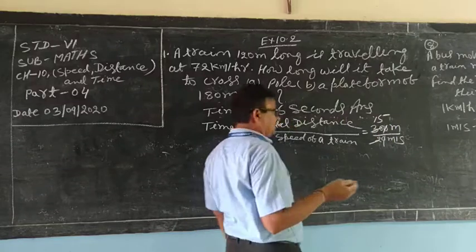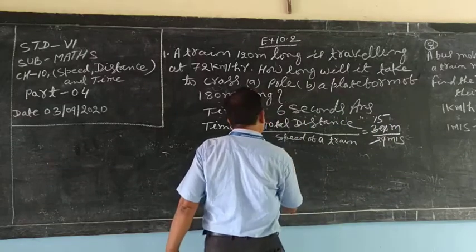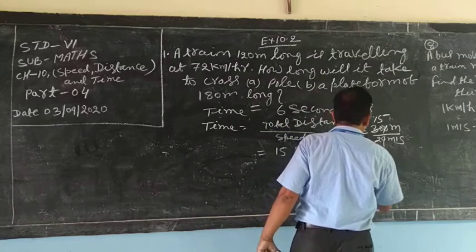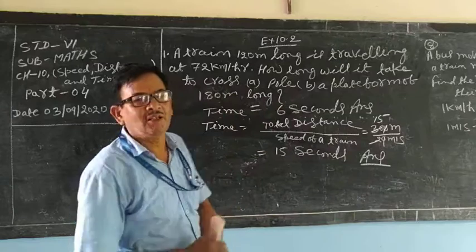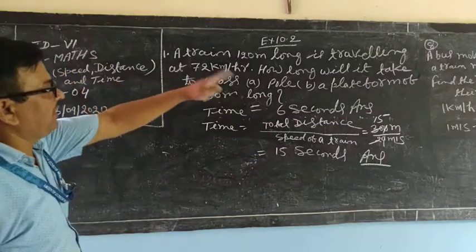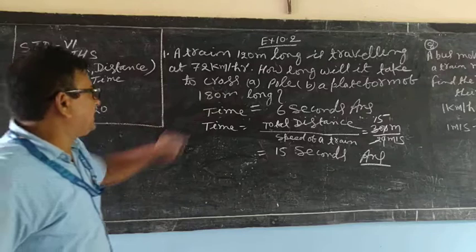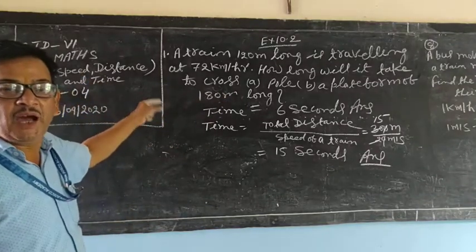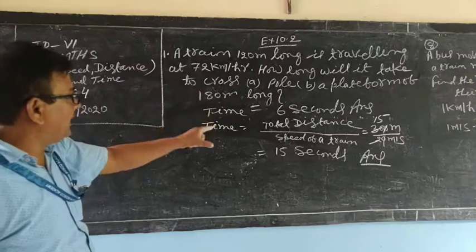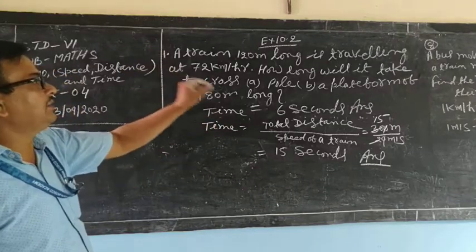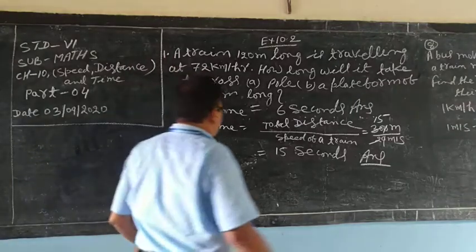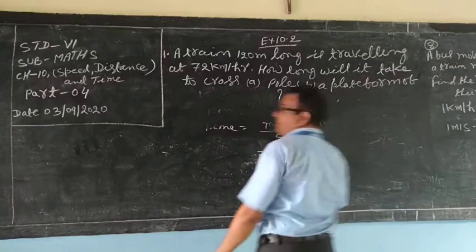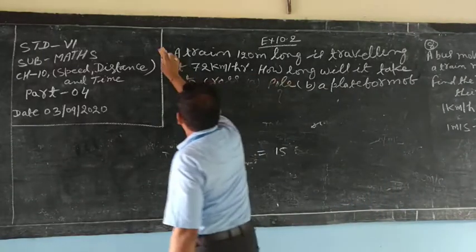So the first answer is 6 seconds, the time for the train to pass the pole, and for the platform, the length of the train plus the length of the platform is 300 meter, and dividing gives 15 seconds. Okay, this is the one question I have done. Understood now?